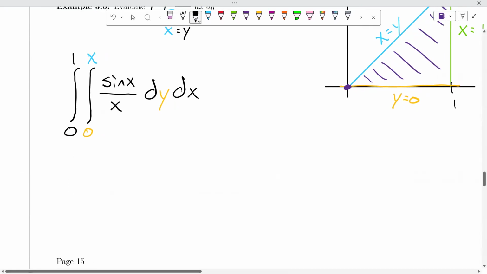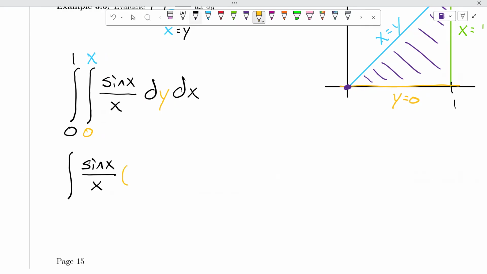So I want to integrate sine x over x dy from 0 to x, which will be sine x over x times the y integral, which will be x minus 0. Right? dy integrates to just y.